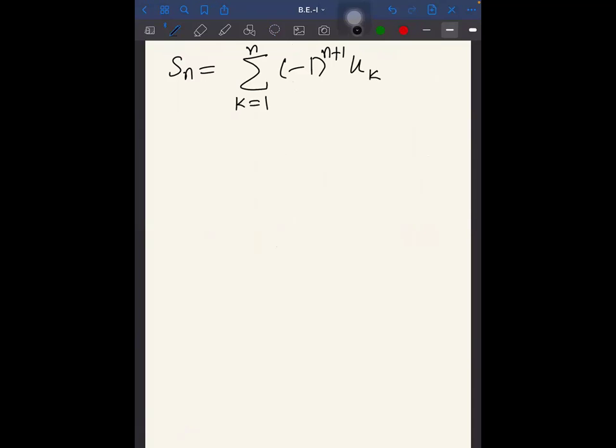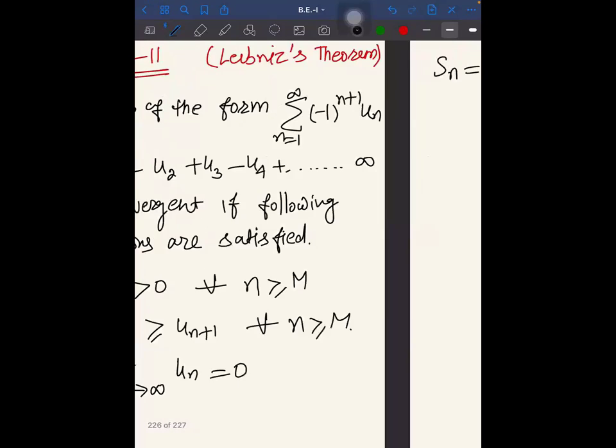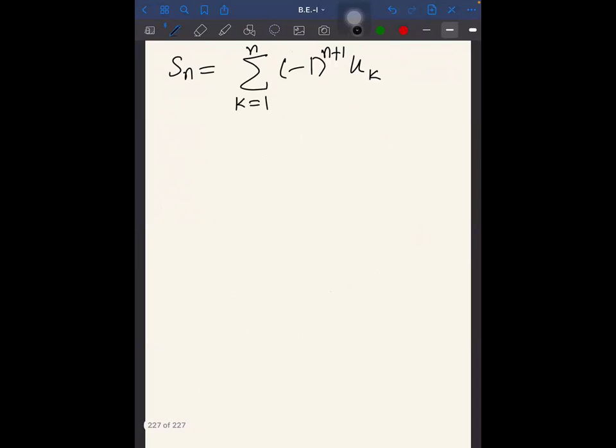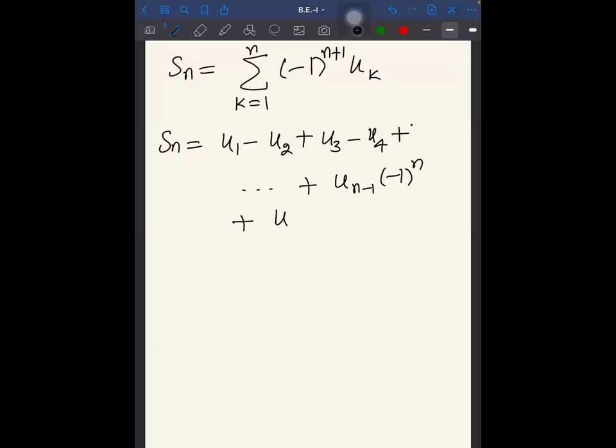So if I take the partial sum of n terms of the series given to us, this can be written this way. In other words, your S_n would be u1 minus u2 plus u3 minus u4, and the last term will be u_n with (-1) raised to the power n+1. Is it okay?